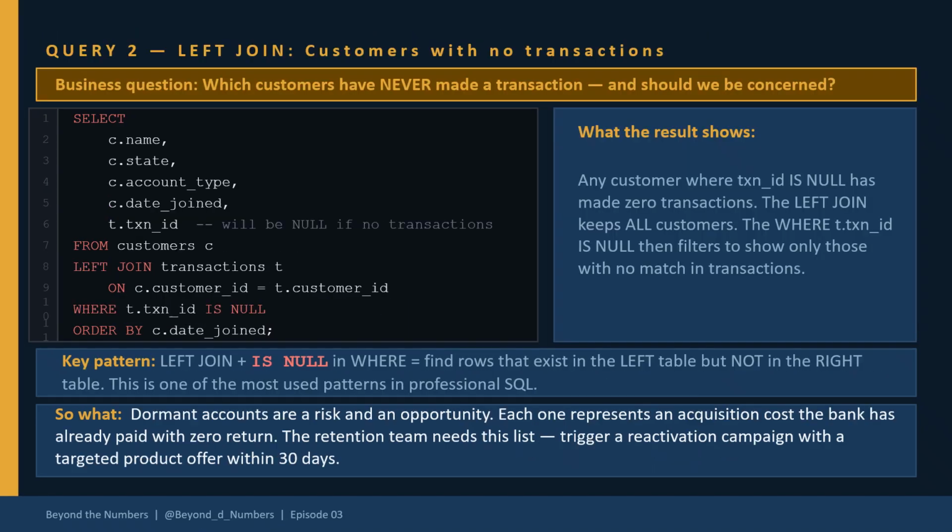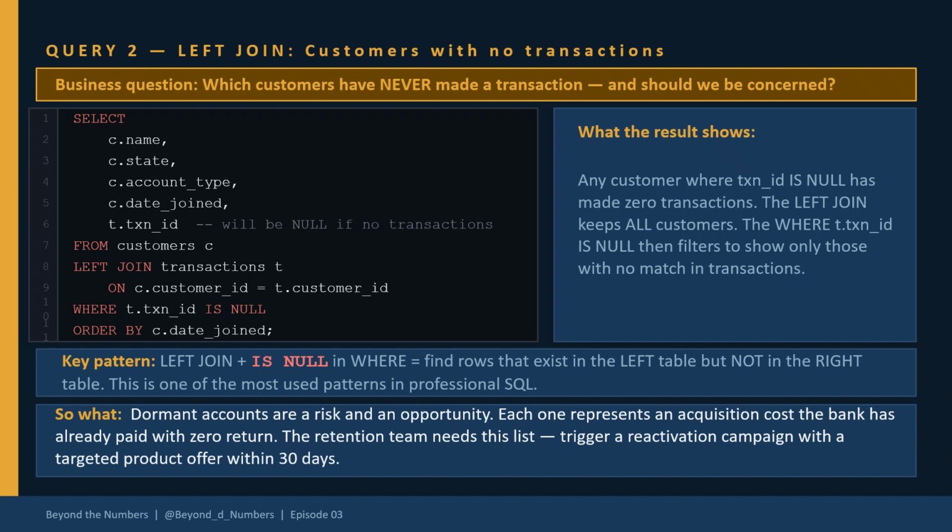Moving forward, we want to look at another business question. Which customers have never made a transaction? And should we be concerned? This is a left join question because we want all customers, even those with nothing on their right side. Now look at the query. Select the customer's name, state, account type, and date joined.